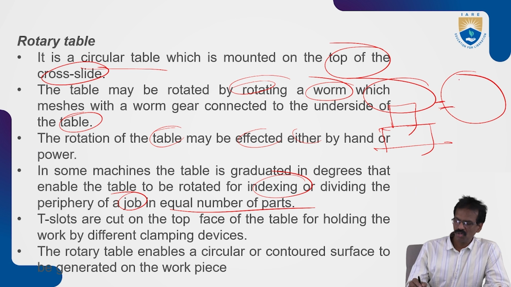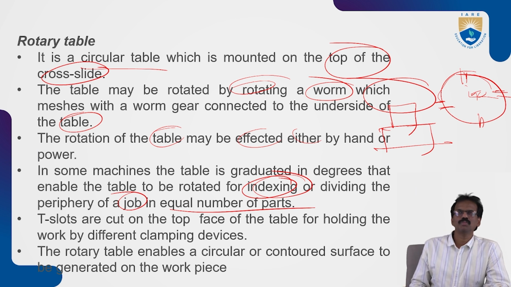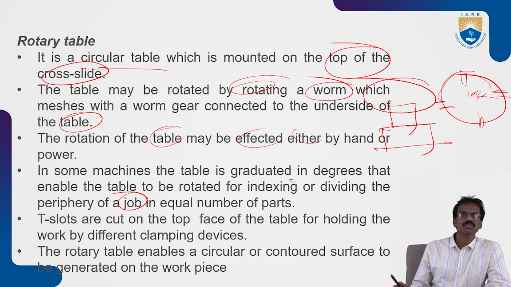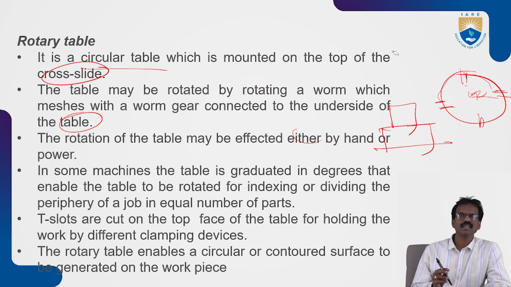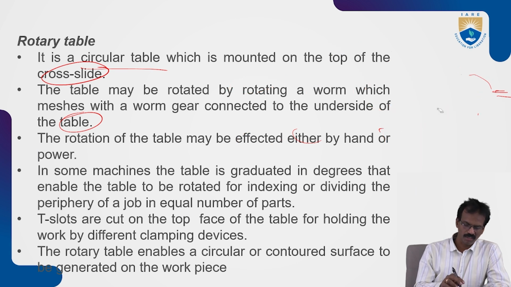For example, for slotting, if you want to provide slots here, here, here and here, at equal distances of 90 degrees angle, by the help of this indexing we can accommodate this equal movement of the workpiece. That indexing is provided in the table.